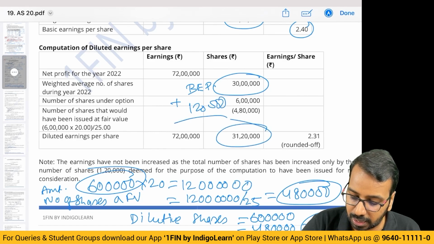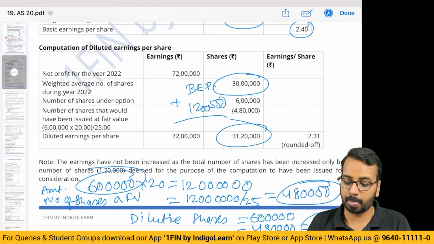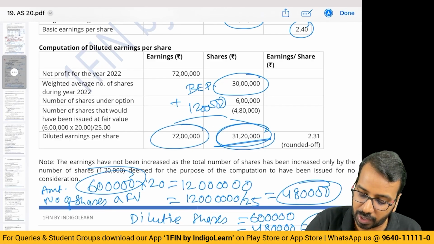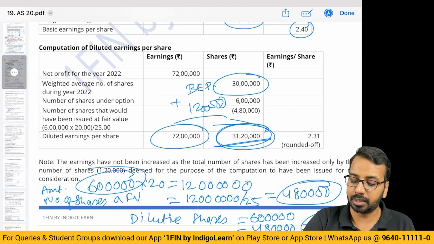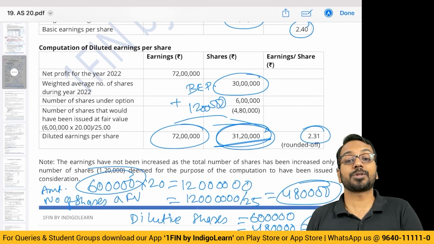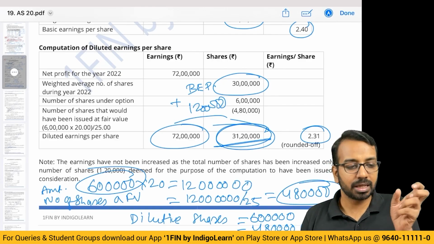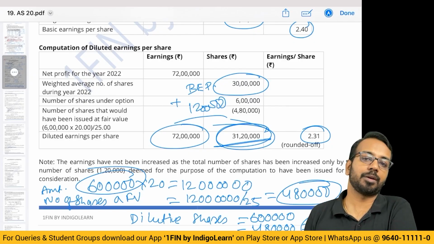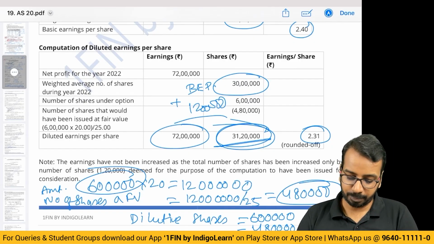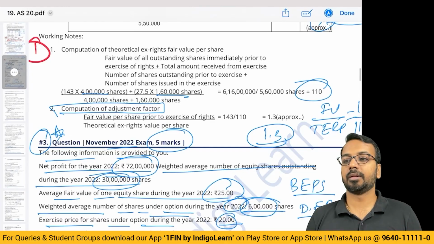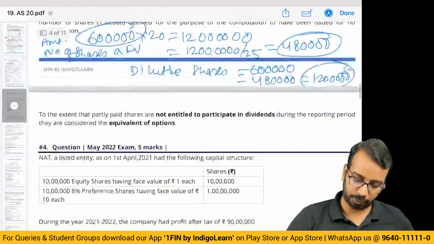You get 31,20,000. So diluted EPS is 72 divided by 31.2, 2.31. Always remember, options are dilutive if they are issued at less than the fair market value. Any doubt in options calculation? This is important. Any doubt? Okay.